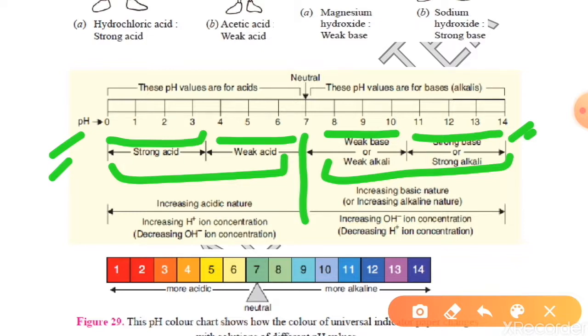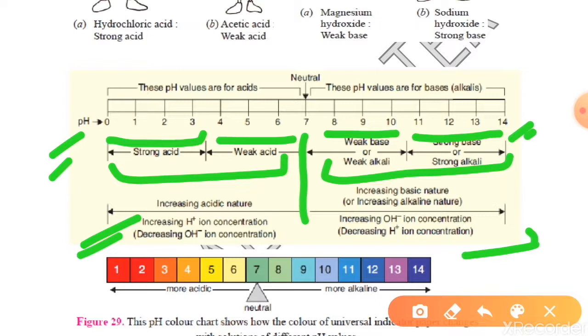Now, as the H positive ion concentration increases, the acidic character also increases and the value of pH decreases. For bases, students, the OH negative ion concentration increases in this direction and the H positive ion concentration decreases.